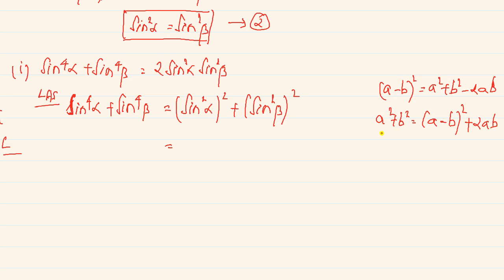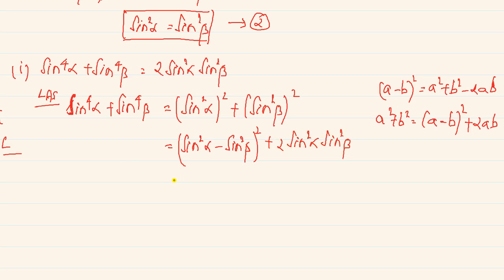Okay, so if we expand this into a minus b the whole square plus 2ab, it will become sin square alpha minus sin square beta the whole square plus 2 sin square alpha sin square beta.